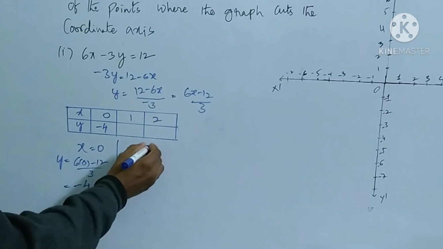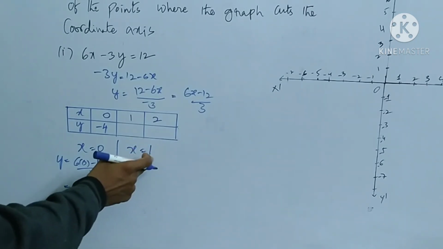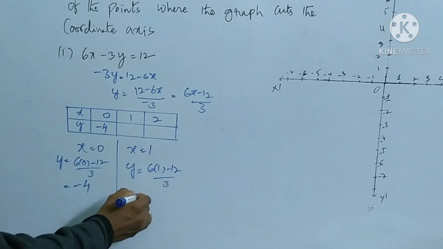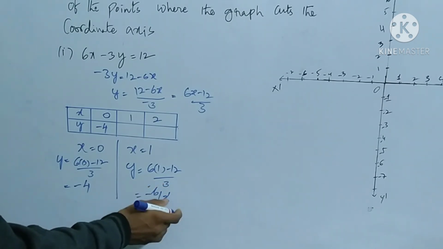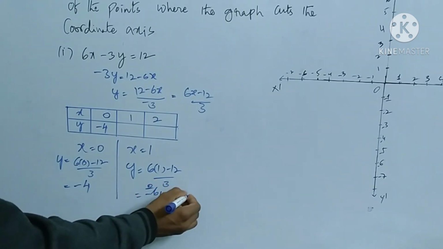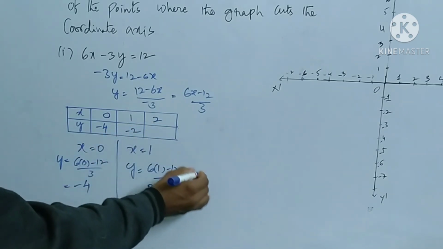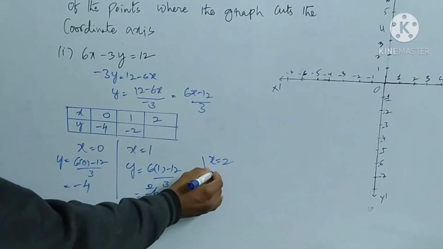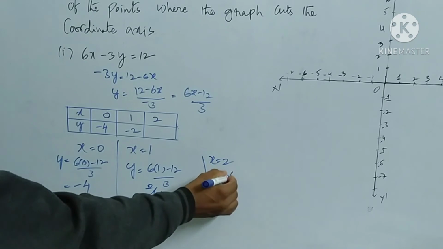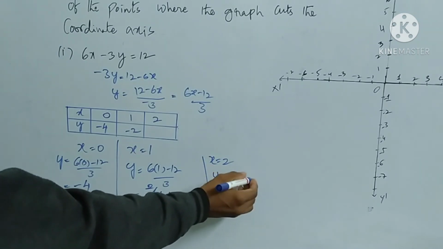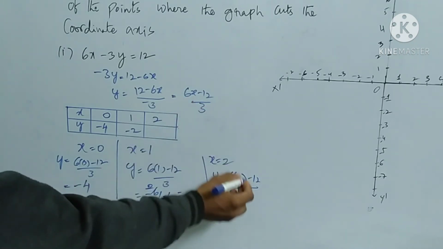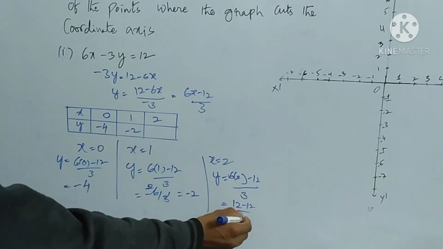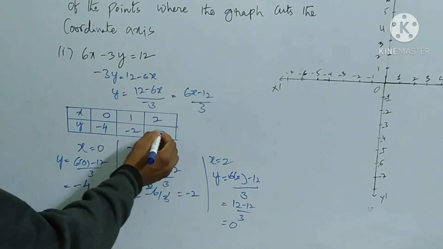Next, when x is equal to 1, y is equal to (6 into 1 minus 12) by 3, that is minus 6 by 3, which is minus 2. Next, when x is equal to 2, y is equal to (6 into 2 minus 12) by 3, that is 12 minus 12 by 3, which is 0.